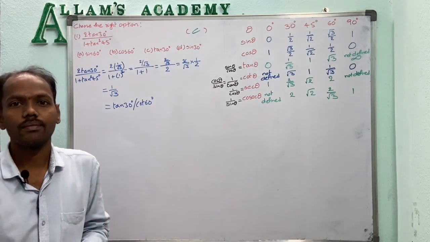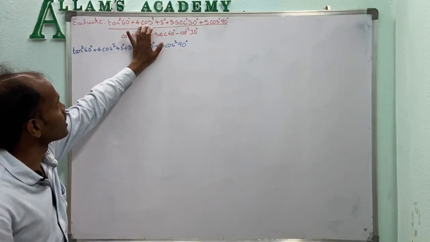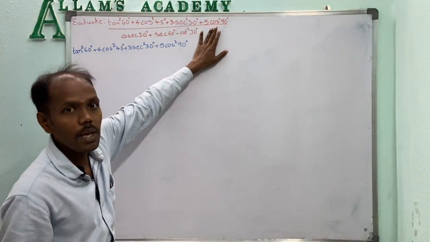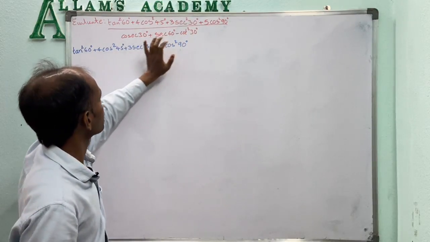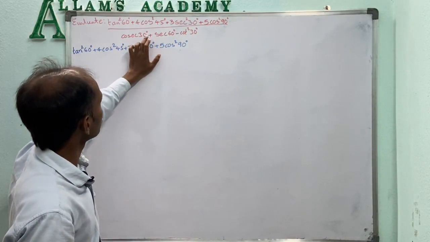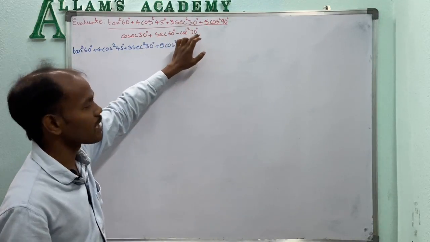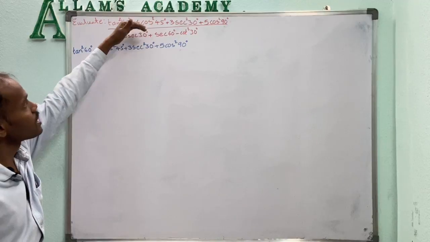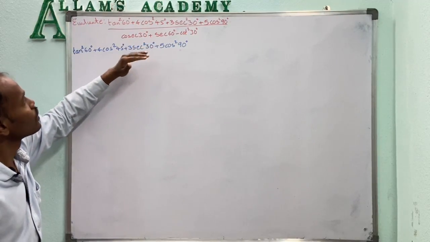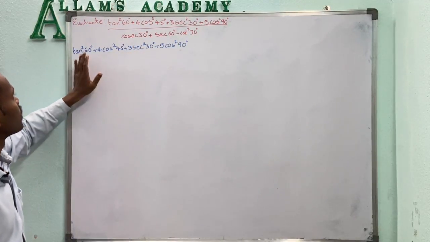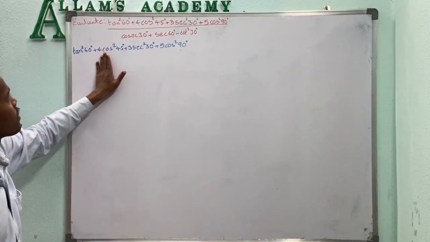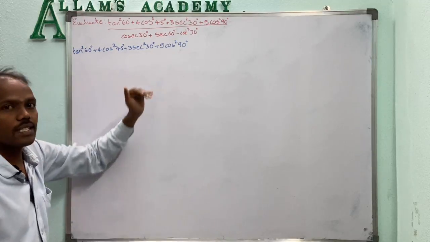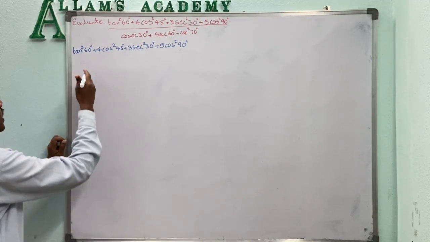Okay, evaluate: tan square 60 degrees plus 4 cos square 45 degrees plus 3 sec square 30 degrees plus 5 cos square 90 degrees, by cosec 30 degrees plus sec 60 degrees minus cot square 30 degrees. Finding this problem, splitting numerator and denominator. First finding the numerator's value.